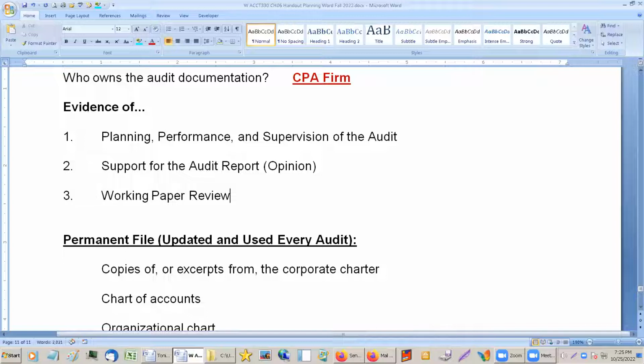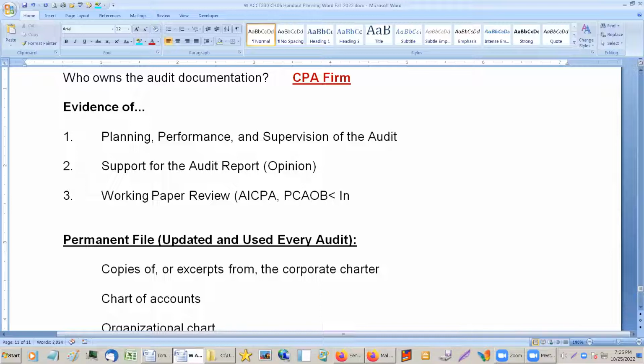And third, working paper review. This could be from the AICPA, they have reviews. It could be from the PCAOB.